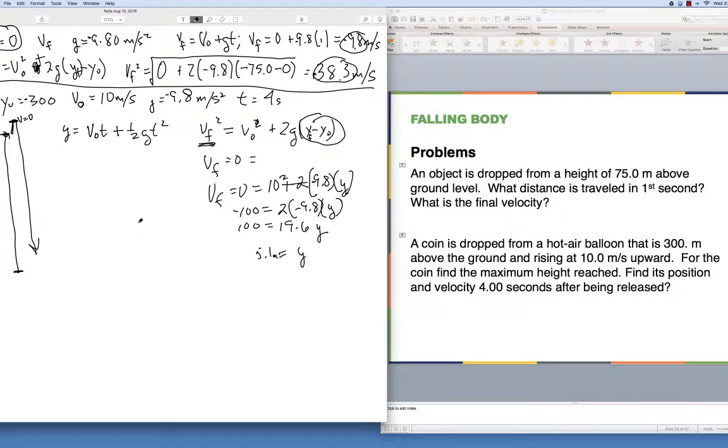So the maximum height is going to be 300 plus 5.1. So the maximum height it reaches is 305.1 meters. And at this point, that's this point right here, we start falling.